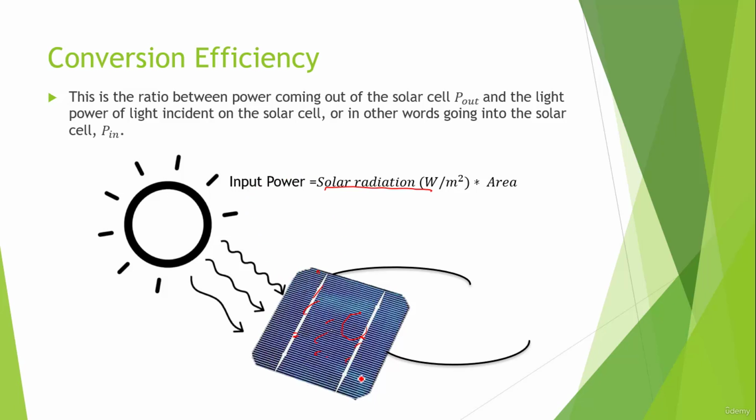And by calculating the output power as I_MPP times V_MPP, we get the output power. By dividing the output power by the input power, we get the conversion efficiency. Okay, let's take a small exercise on this.